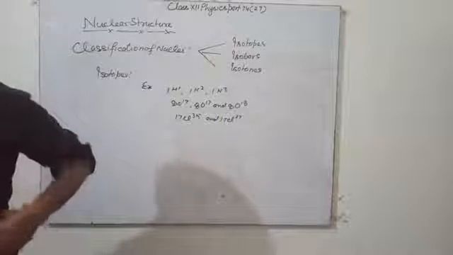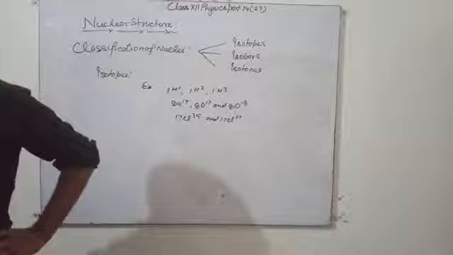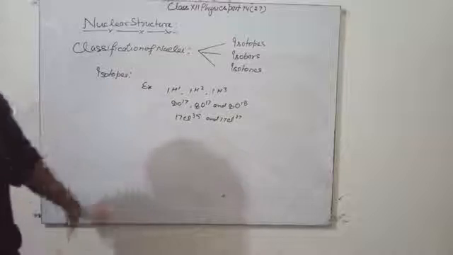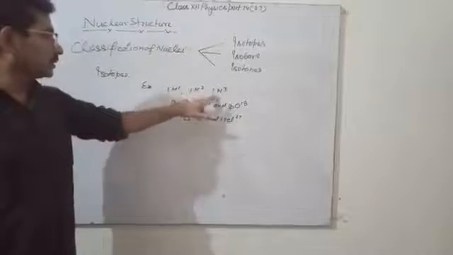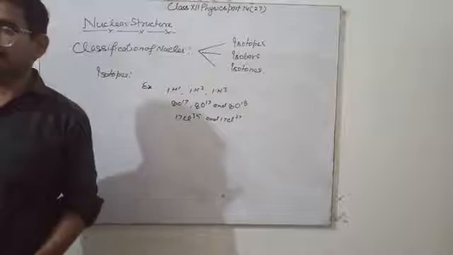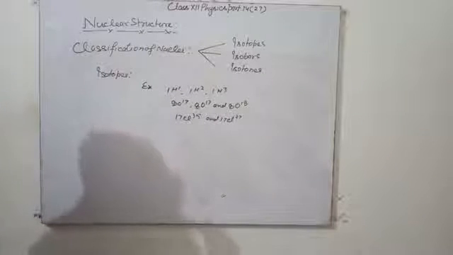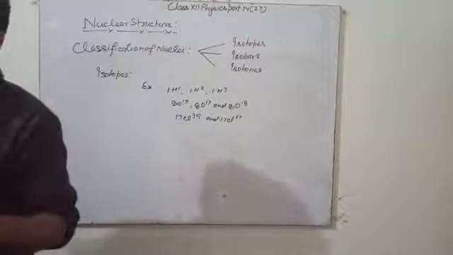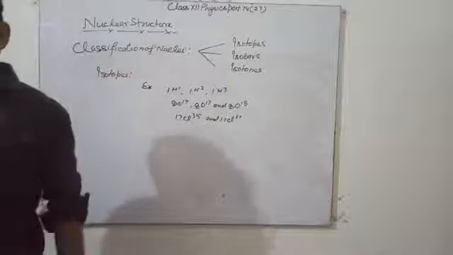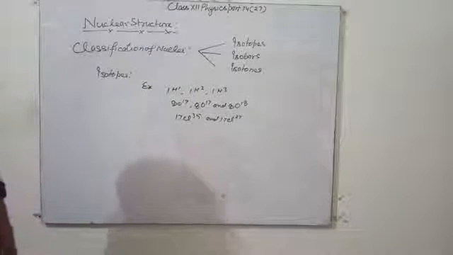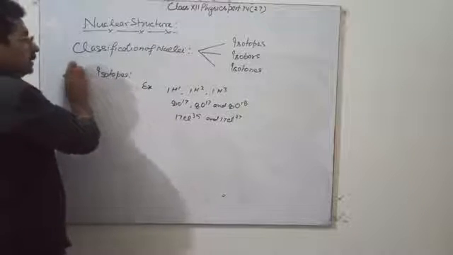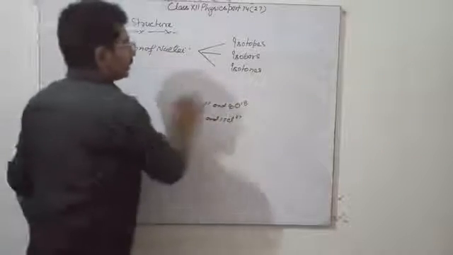Therefore, the chemical properties of different isotopes of an element are the same. 1H1, 1H2, 1H3 have the same chemical properties, and similarly 8O16, 8O17 and 8O18. But their mass is different, so they have different physical properties.